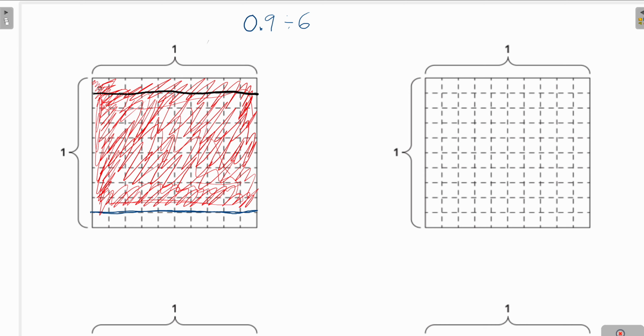Okay, that's 1 equal part. That is another one. That is another one. Then that is another one. This is another one. Okay, so far I have 1, 2, 3, 4, 5 equal parts.